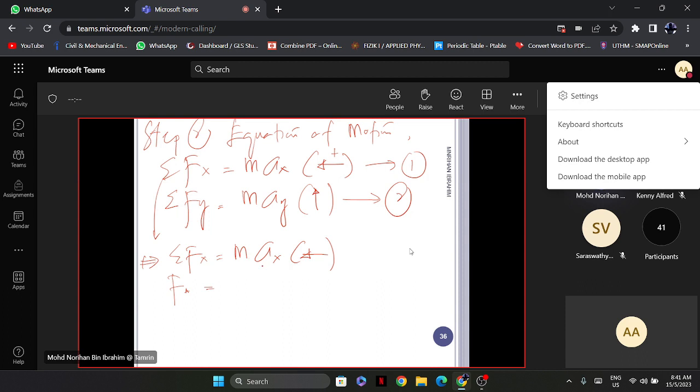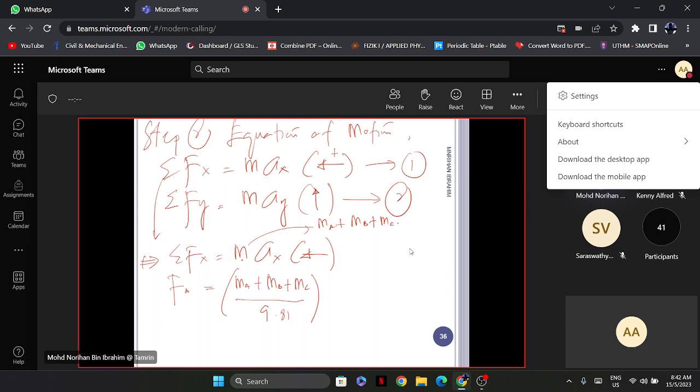FA is equal to m, where m represents the total mass, which is mA plus mB plus mC. We put it here mA plus mB plus mC divided by 9.81 because they give you the weight in Newton.